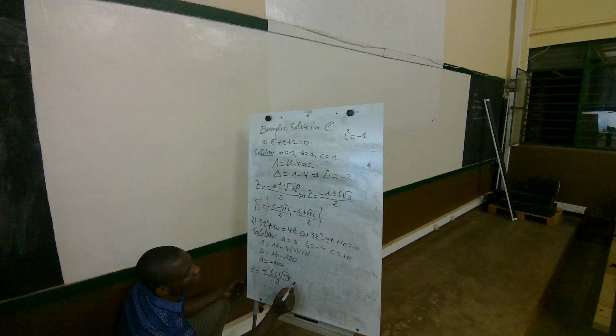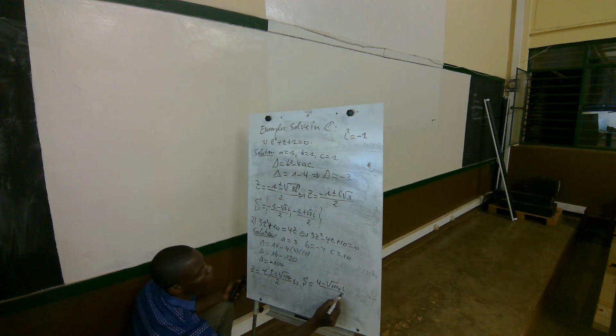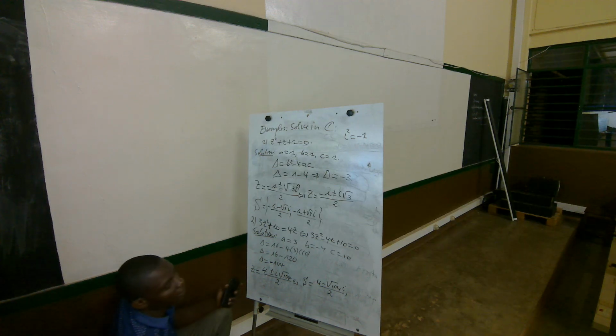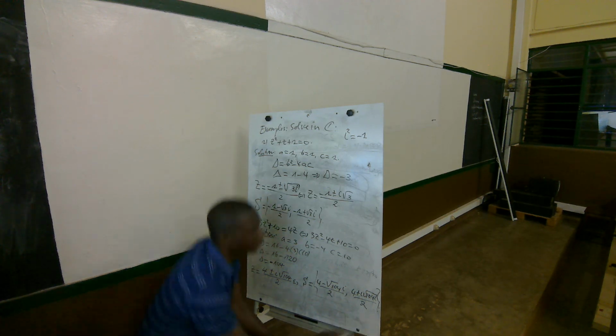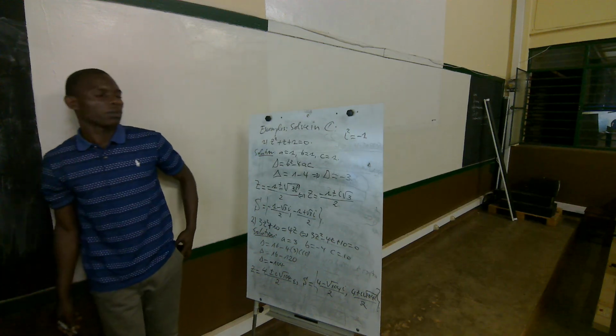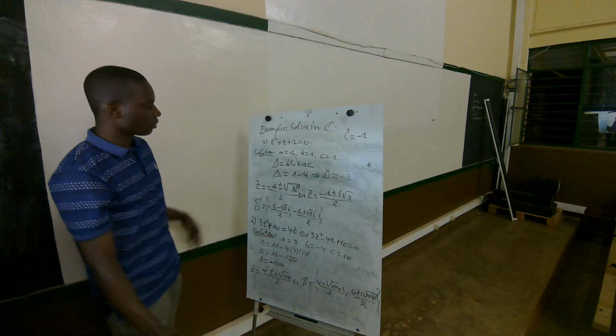Then our solution will be 4 minus square root of 104 i over 2, and 4 plus i square root of 104 over 2. So that's the solution for this equation in the set of complex numbers.